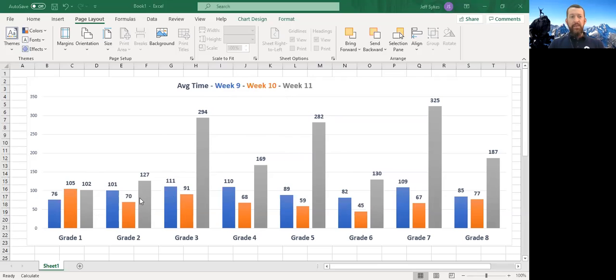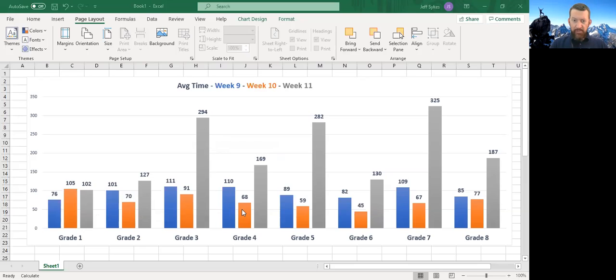Look what happened in grade 1. Relatively, we remain the same as we do mostly in grade 2. But when we get to 3, we see nearly triple the amount of average time that the students are spending in grade 3. That means they are listening and they are beginning to get into the routine of using ExactPath.